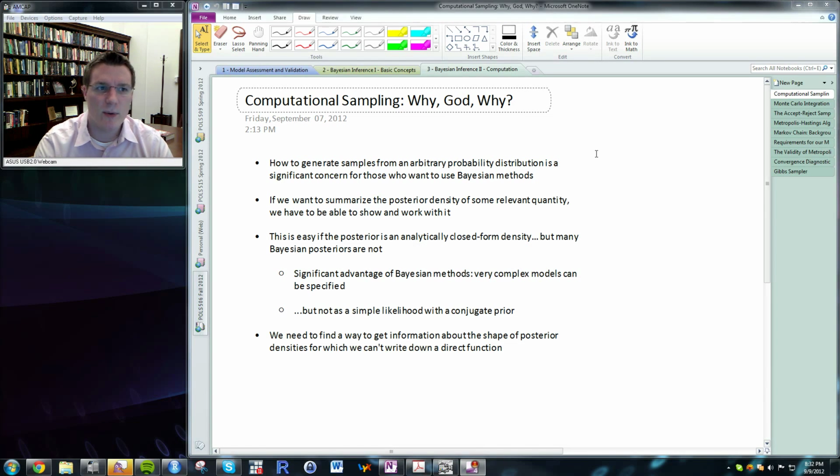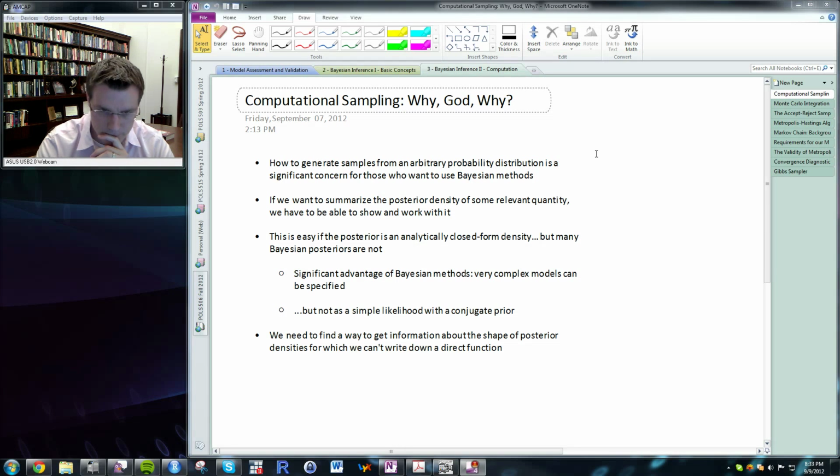So, for example, we talked a lot about the normal and the binomial. If we're using the binomial as our likelihood, then the beta is a conjugate prior such that the posterior of the combination of a binomial likelihood and a beta prior will be another beta distribution, technically a beta binomial.